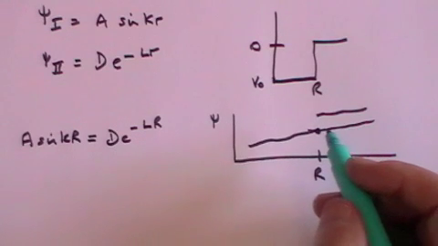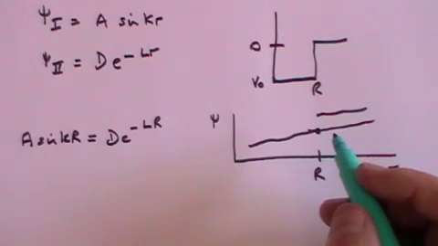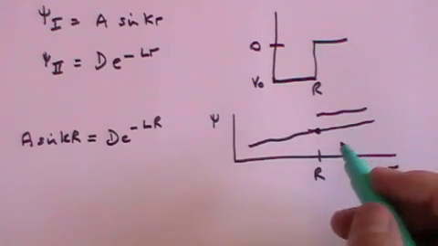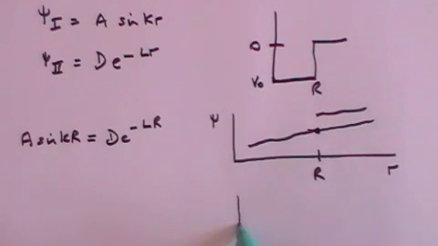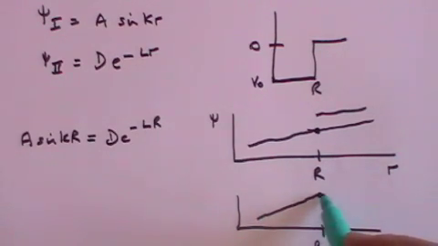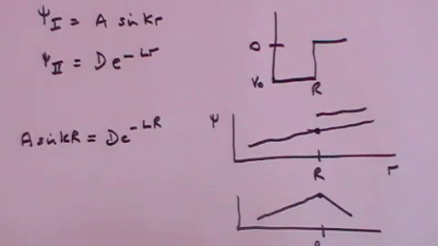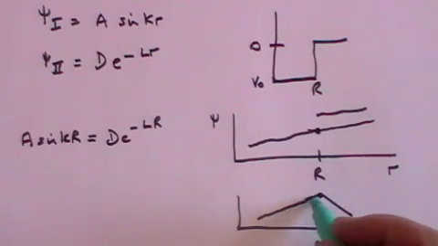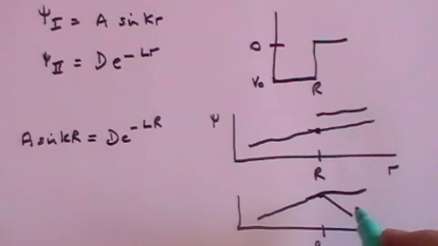The second thing is that the derivative of the wave function with respect to R must itself be continuous. That is to say, if this is R, you can't have something where the wave function goes up like that and suddenly reaches a point and then just changes. The derivative must be continuous.